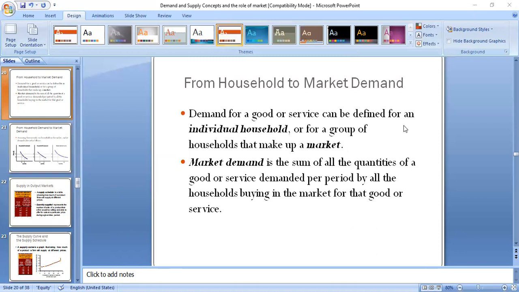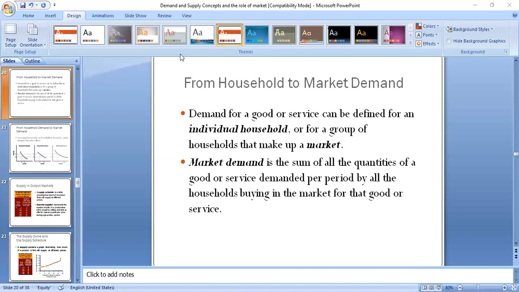If the consumer would like to consume a particular commodity, but he or she does not have the ability or the willingness to pay for that commodity, then for us to call it demand, the consumer must have the willingness to pay for a commodity that they would like to consume.